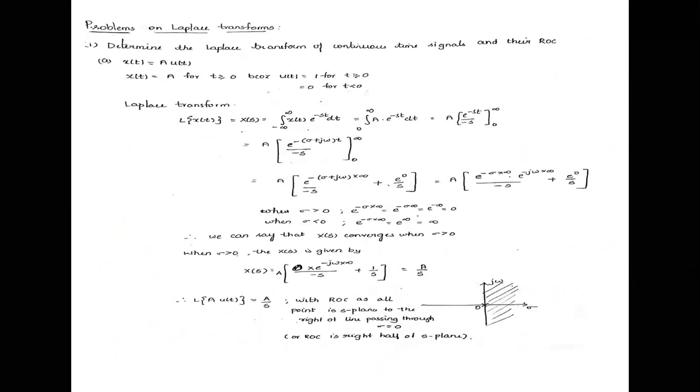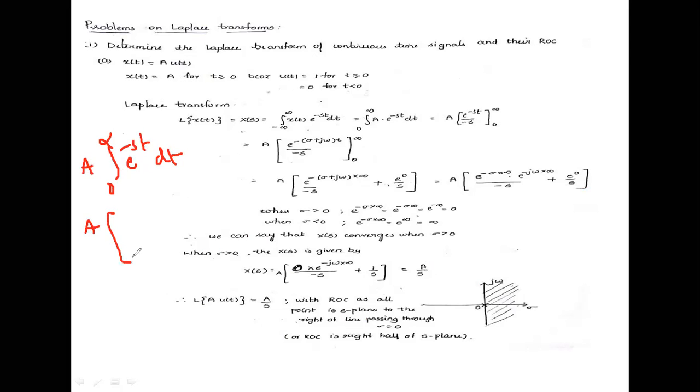Some more examples: determine the Laplace transformation of the continuous time signal and its ROC. X of t is equal to a into mu of t. You know the Laplace transformation of mu of t is 1 by s. The Laplace transformation is the integral from 0 to infinity of a mu of t e power minus st dt, because mu of t varies from 0 to infinity only.